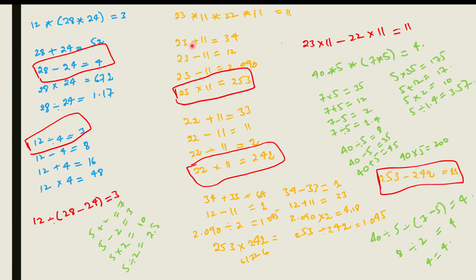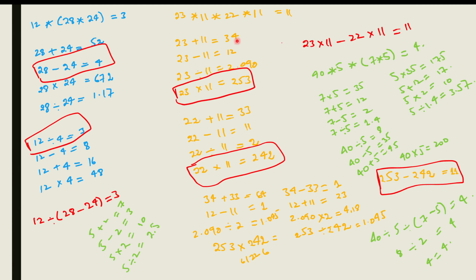Again, four operations: plus, minus, divide, multiply, and then we see what result we get. For these two as well, we do the same: addition, subtraction, division, multiplication. Then we check these numbers: 34 minus 33, 34 minus 11, 34 minus 2, 34 minus 242. We keep different combinations.